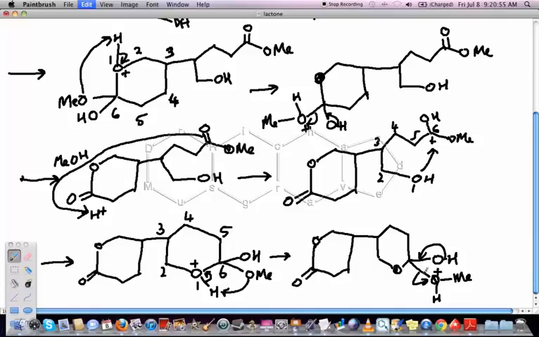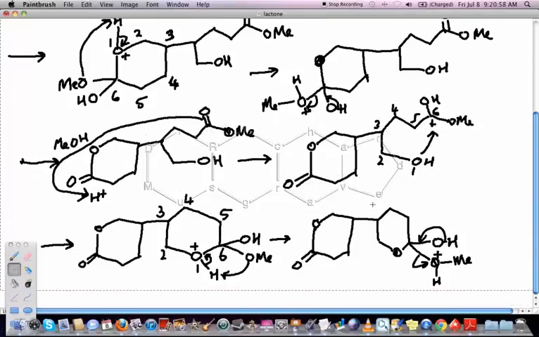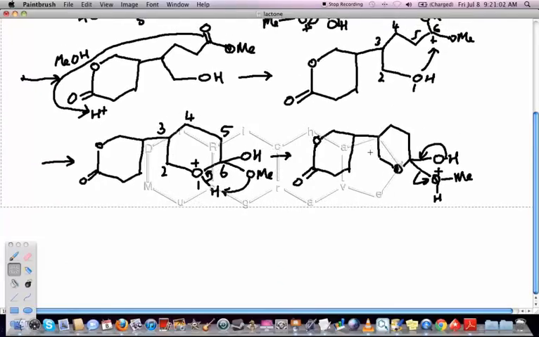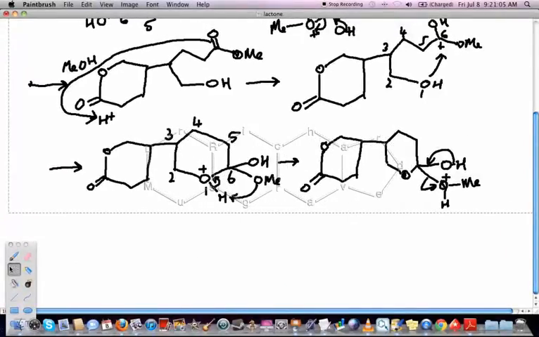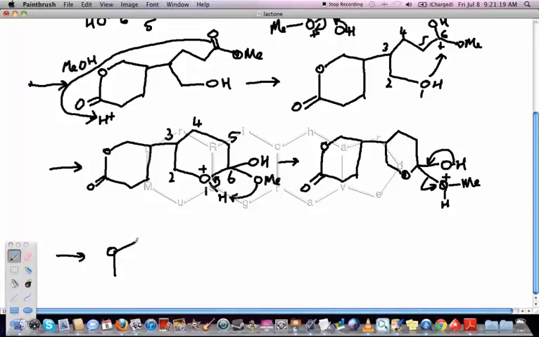Make a little bit more space here. Alright, and that gives us our second ring along with H plus and methanol.